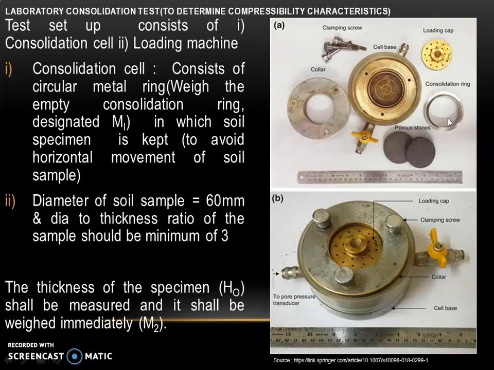And the whole assembly, that is the sample plus consolidation ring, will be placed in consolidometer. On top of it, loading cap will be placed, and then collar will be fixed with the help of clamping screws, and load will be applied with the help of ball bearing in order to apply pressure uniformly over the soil sample.